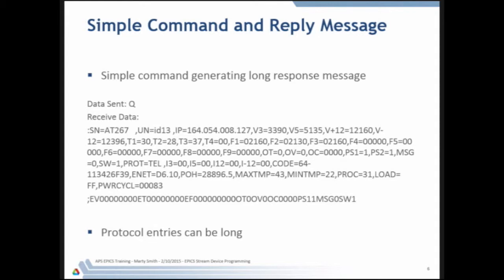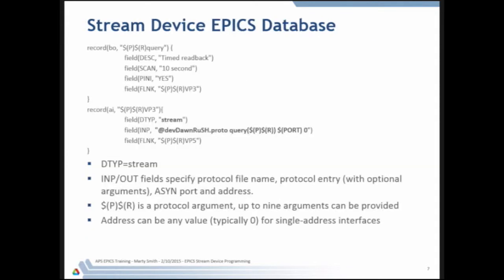You may only have one stream-supported record just to send the Q command. The rest might be soft device type or a soft channel or something like that, where you just parse that string and put it into that record. So you don't have to use StreamDevice for every single record.